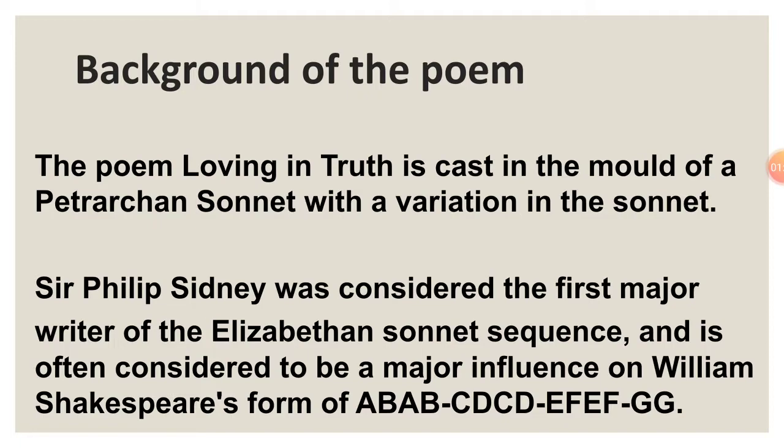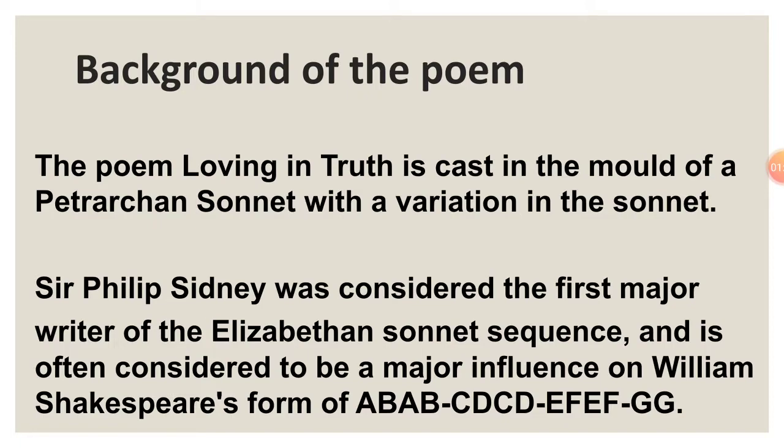But here in Sidney's Loving in Truth, we can see that there is a variation in the sestet. So Sidney has tried something new. Sidney has made a slight variation in the sestet by adding a final English couplet.